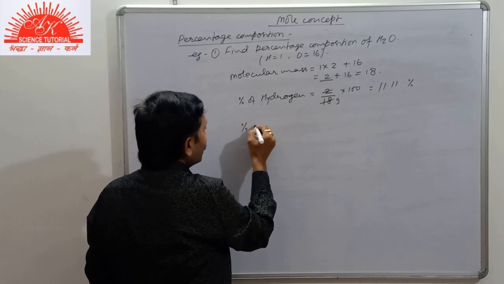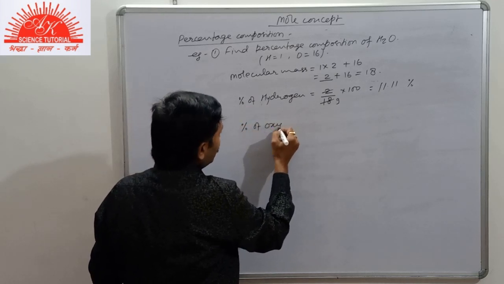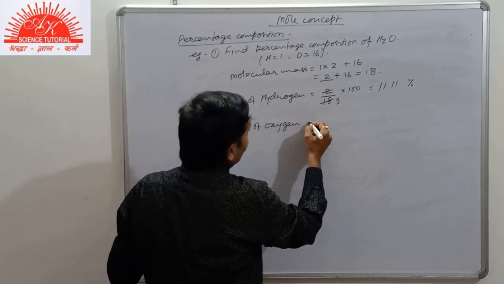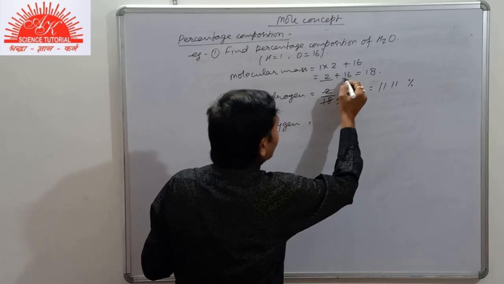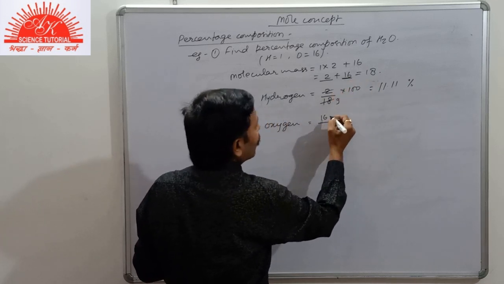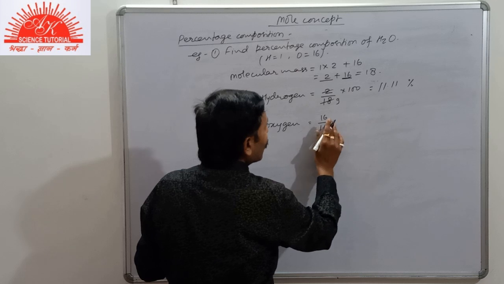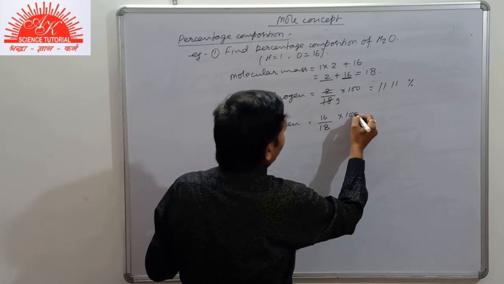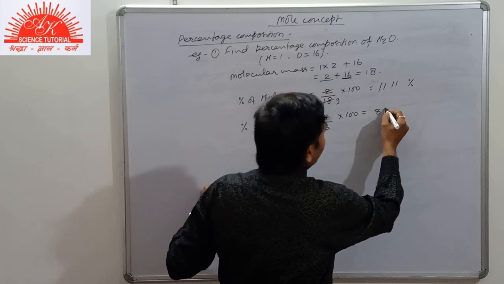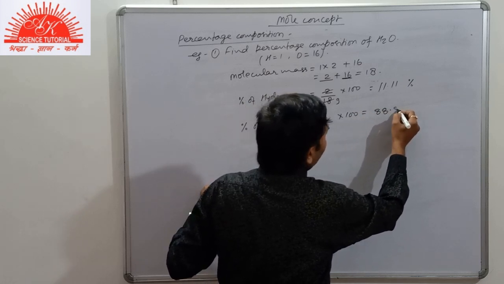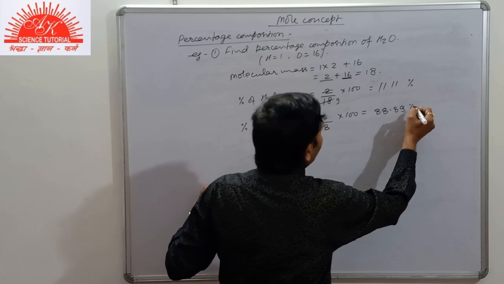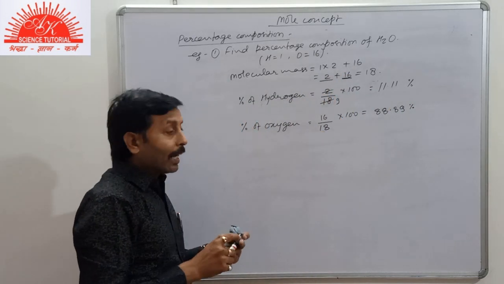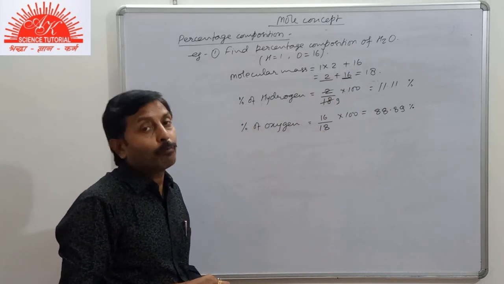Similarly, percentage of oxygen. Now, what is its part? 16 by 18 total into 100. Again, you will see here it is 88.89%. So, this is the method of calculating percentage composition.